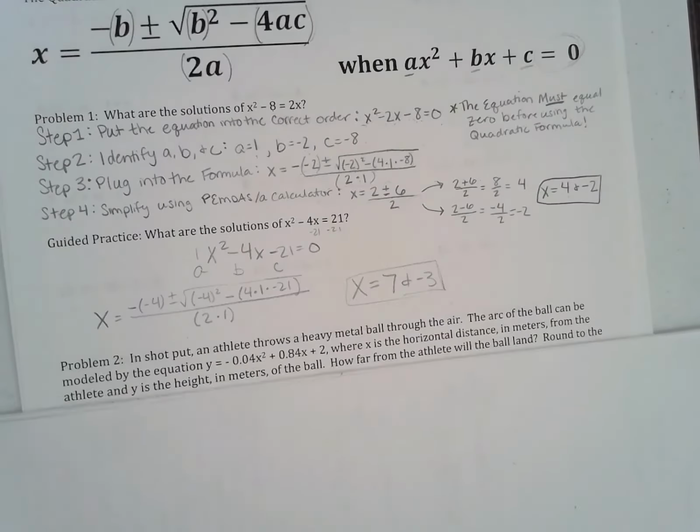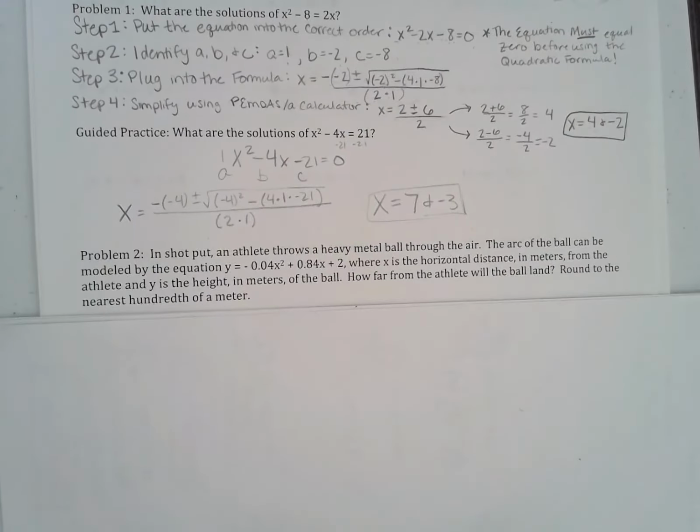Okay, now on to problem number 2. Problem number 2 says, in shot put, an athlete throws a heavy metal ball through the air. The arc of the ball can be modeled by the equation y equals -0.04x squared plus 0.84x plus 2.